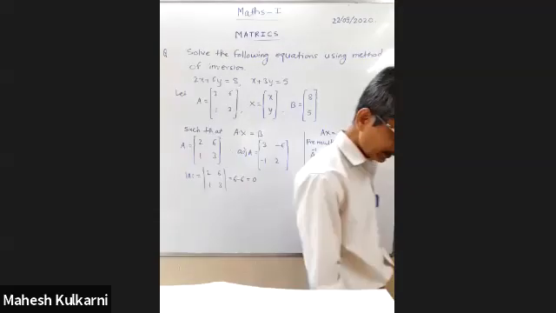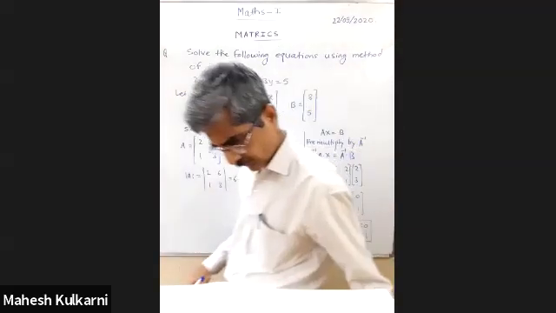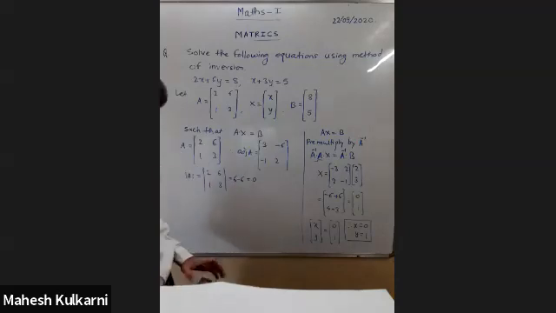Now think about this. Before you proceed, think about this given situation. The determinant of A is 0.